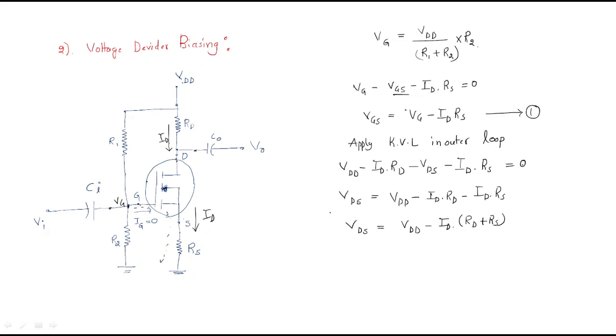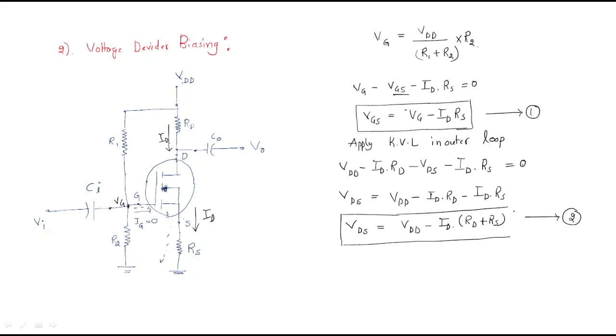So we have two equations. The first equation gives the input voltage VGS, and the second equation gives the output voltage VDS, that is VDD minus ID (RD plus RS).